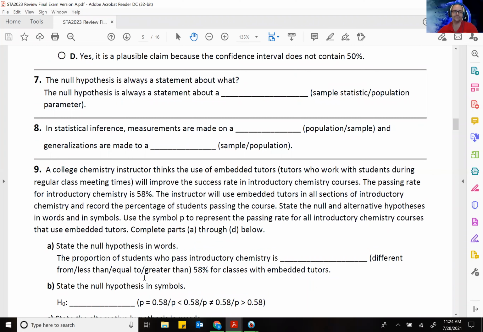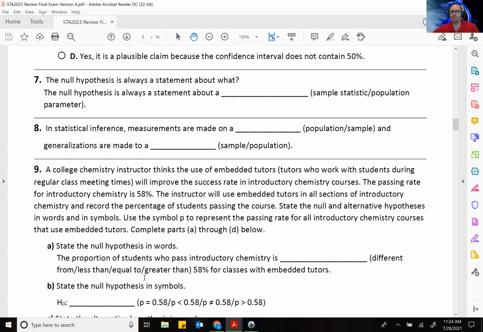Number 8. In statistical inference, measurements are made on a blank and generalizations are made to a blank. Sample and population. That's right. We perform statistics from samples, which are measurements.